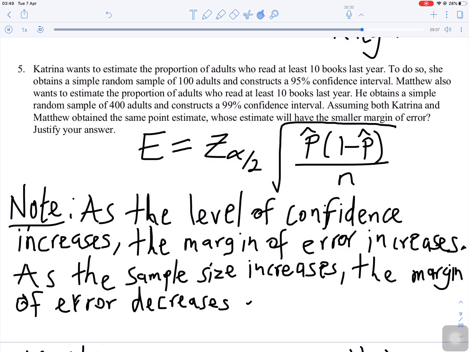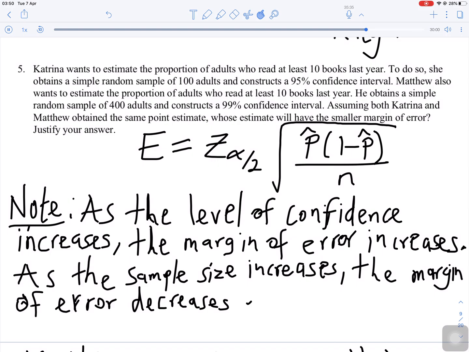Okay, so we realize that Katrina sampled 100 adults with a 95% confidence interval. Matthew sampled 400 adults, so more adults, and also has a higher confidence interval. So we want to know who will have the smaller margin of error.